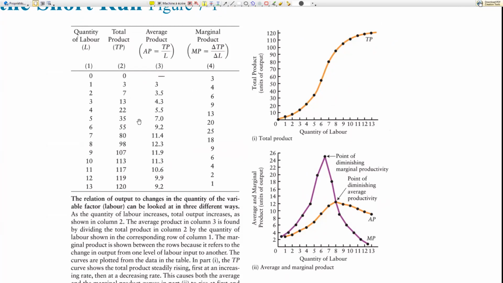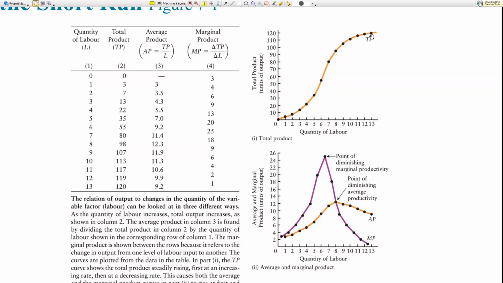Then with 3 workers, I produce 13. You see that it's picking up. This curve is convex compared to the origin, and it means that the more workers I employ, the more productive my whole staff is, because it's curving upwards, until that point, and then it starts curving downwards.